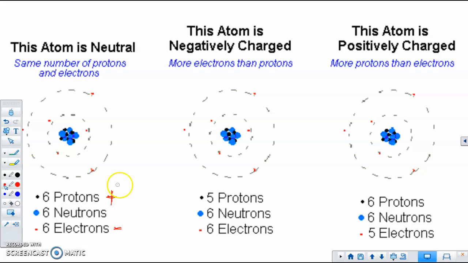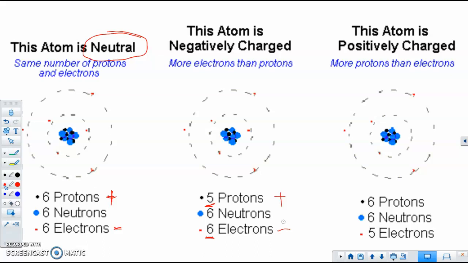For instance, if I have an atom that has 6 protons and 6 electrons, the positives and negatives are balanced, so that atom is neutral overall. It is neutral. If we have an atom that has 5 protons and 6 electrons, that means we have one less positive charge than negative charge. That would be a negatively charged atom.